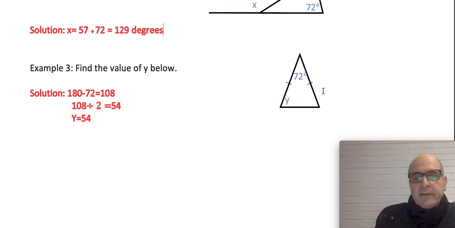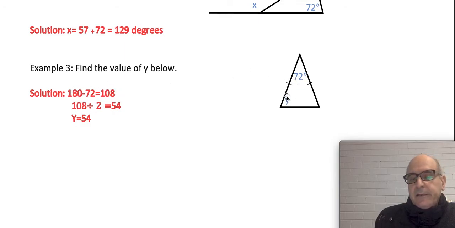As another example, here we got an isosceles triangle. They are asking us to find the value of y. We have been given only one angle. So what we know, however, is that if this angle is y, this also will be y. The reason for that is two angles in an isosceles triangle will be equal. So then we take away 72 from 180 to get 108.